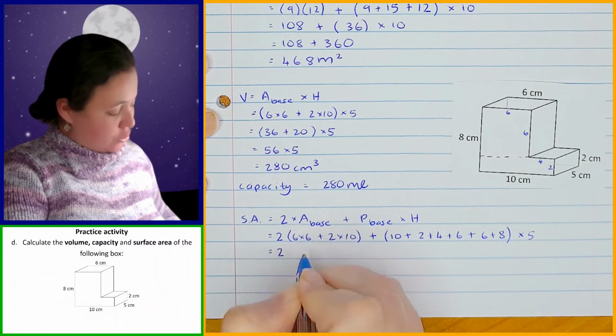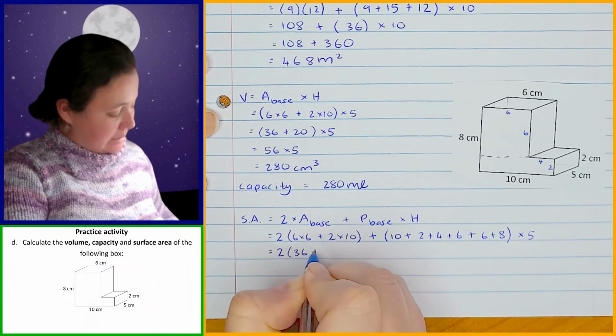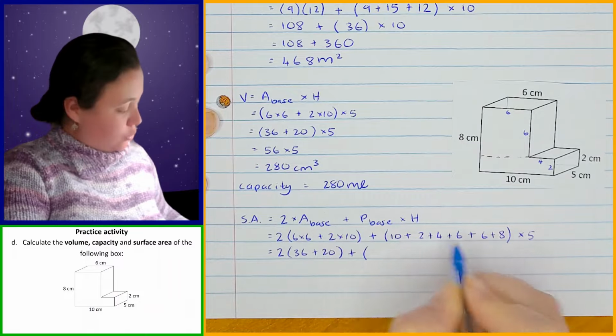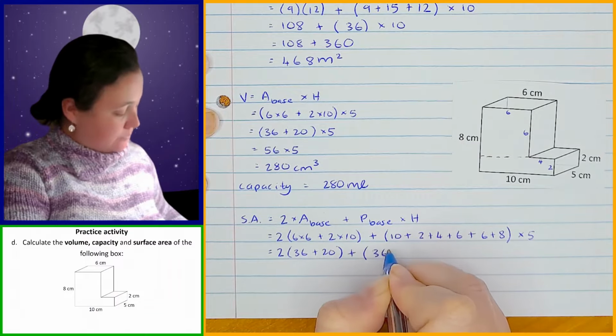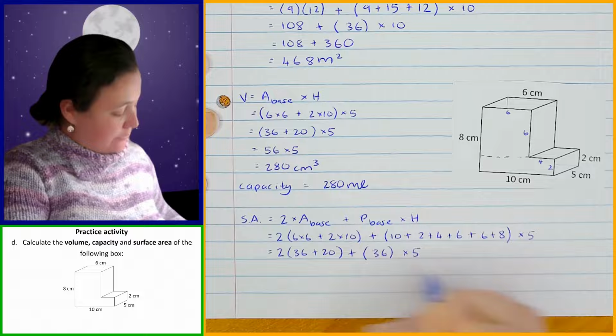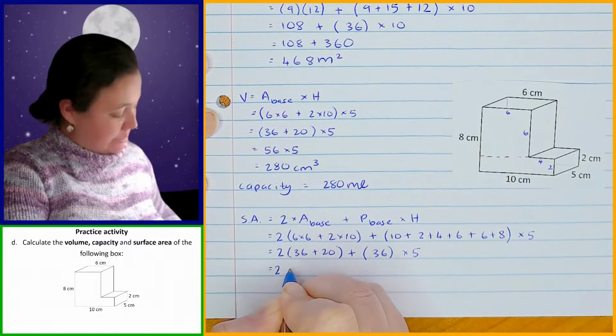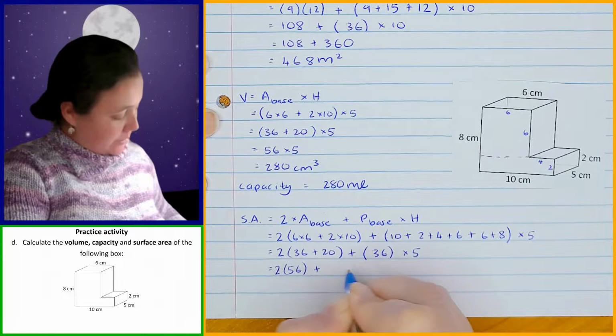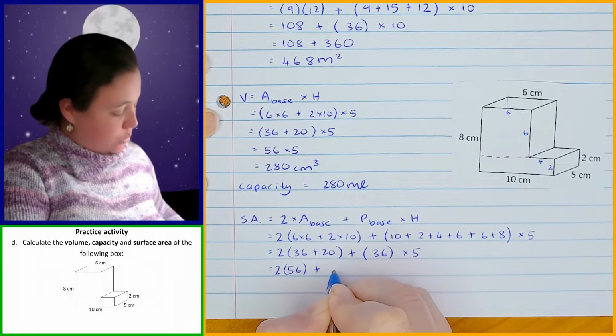So I've got 2 times 36 plus 20 plus, this all works out to 36 times 5. Okay, so that gives me 2 times 56 plus 36 times 5 is 180.